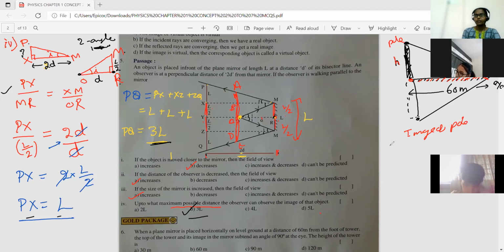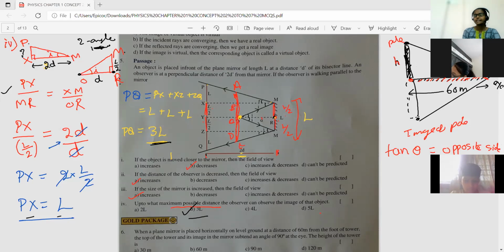See children, tell me, you have learned trigonometry, I hope. What is the tan theta formula? It is given by opposite side divided by adjacent side, right children?